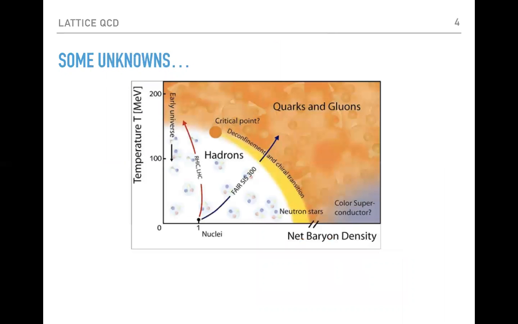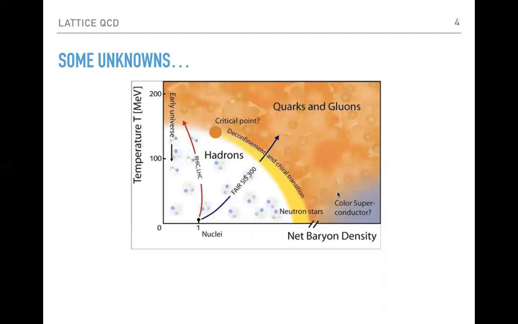But still there are some unknowns, some problems with the formulation, which is basically that lattice QCD simulations are generally not able to access finite density aspects of the theory under study. For example, whether there is a critical point in the QCD phase diagram, or whether there are other phases of matter, are all open questions that we cannot address with the current techniques for lattice QCD.